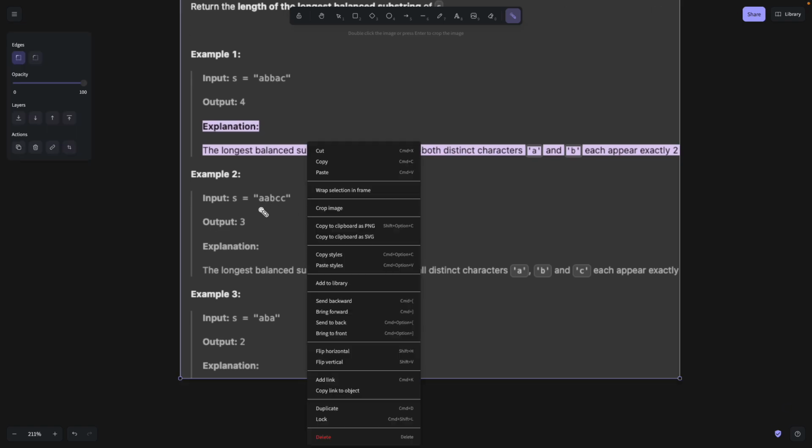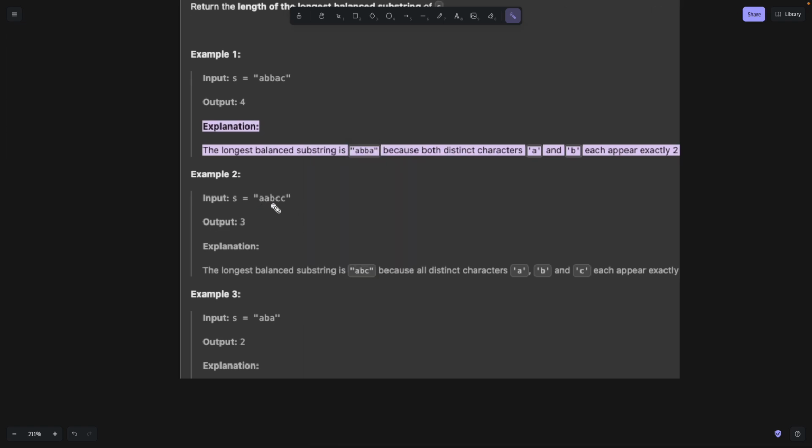Same if we go with the second example, A, B, B, B, C, C. In this case, if we talk about substrings with one distinct character, the length is at most 2. Same here, distinct character is 1 but length is 2 only.